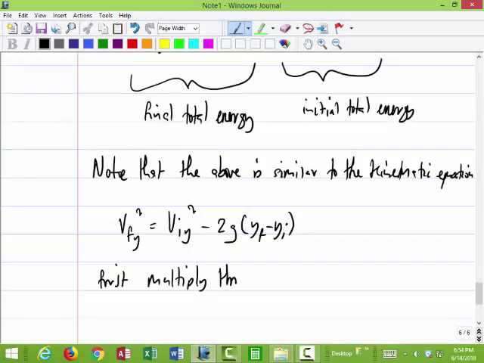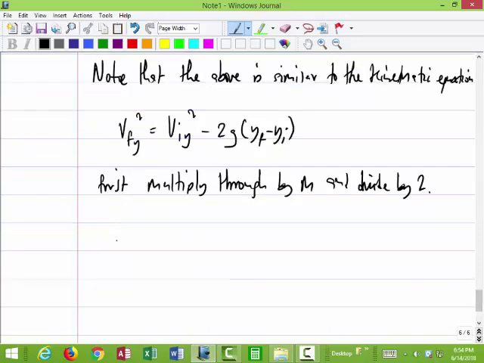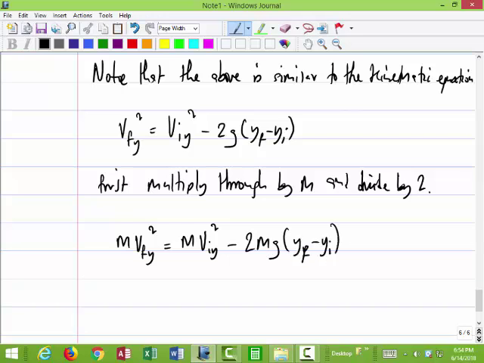First, multiply through by m and divide by 2. So by doing that, we shall have m v final y squared equals m v initial y squared minus 2 mg, then we have y final minus y initial.